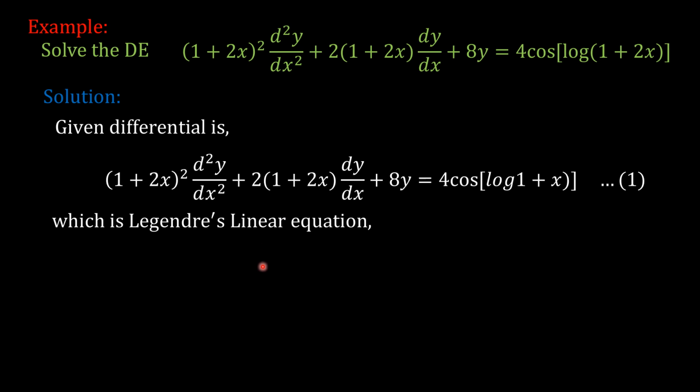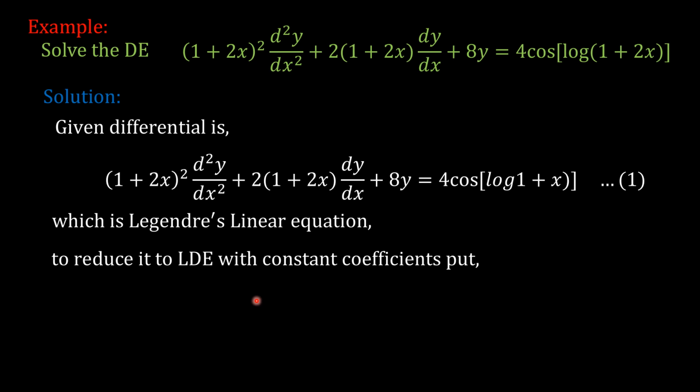To reduce it to a linear differential equation with constant coefficients, we will make the substitution for this 1 plus 2x, as per our procedure, as e raised to z. Therefore, z is equal to log of 1 plus 2x.